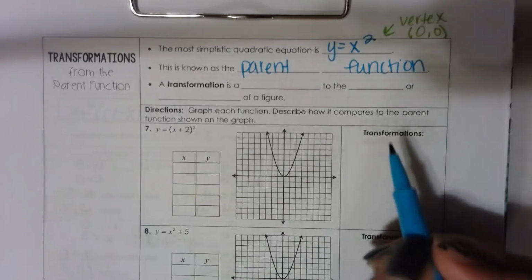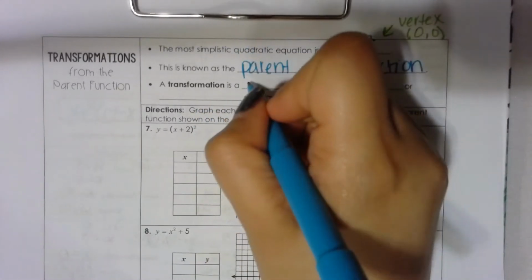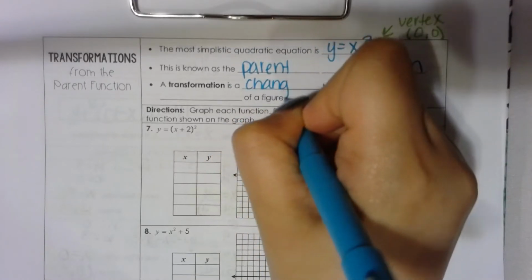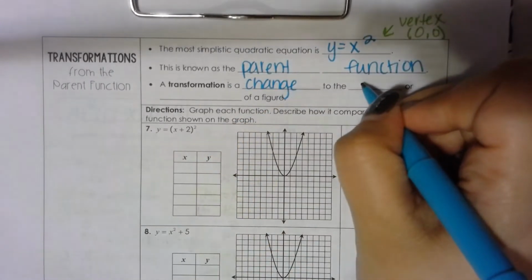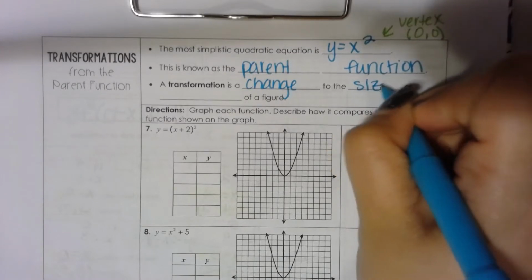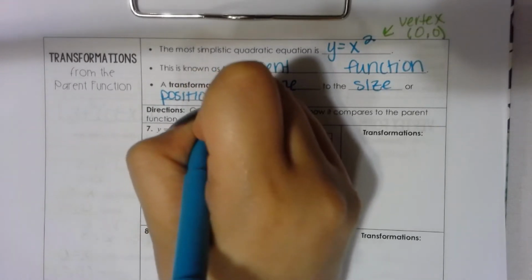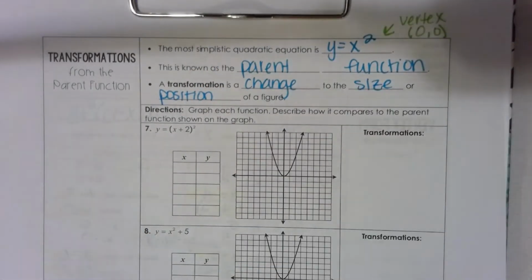A transformation is the change to the size or position of a figure. Just like how a transformation for somebody might be them cutting their hair, changing their hairstyle, changing the way they dress. It's changing from the original function.